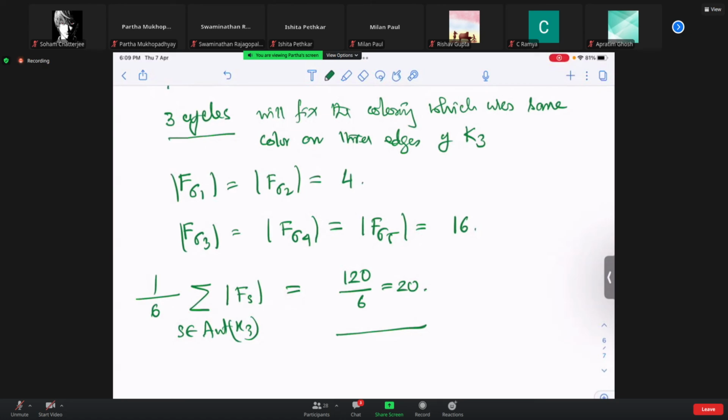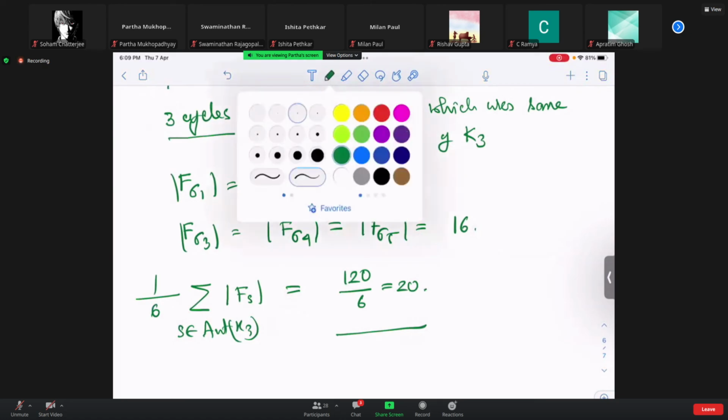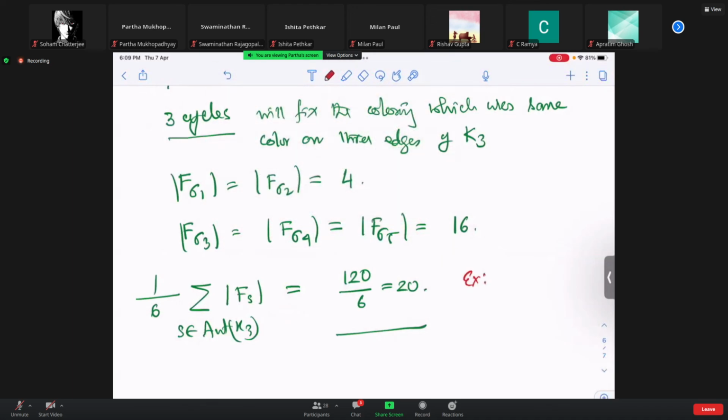It will be nice if you elaborate on this example. If you have seen it for the first time, at home you can elaborate on this example and try to understand it completely if you have any problem in understanding. Because sometimes the problems of this Burnside lemma can be very tricky.